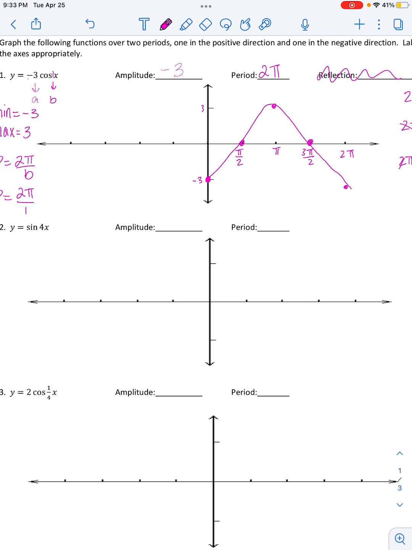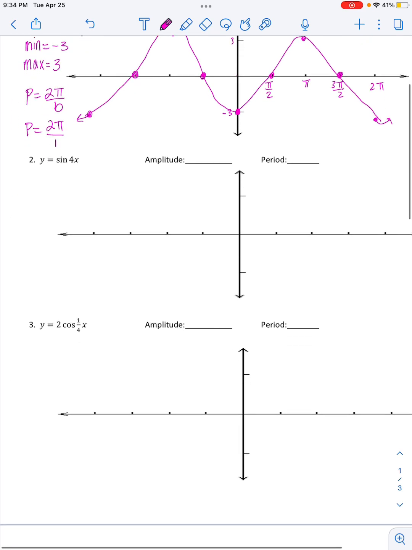Okay? If we wanted to continue this on the other side, we're just going to do the opposite. So now we're going to go up to the midline. We're going to go up to the max, to the midline, and back down to the min. So it should look something like this. Okay? All right. We know our graph is going to continue.